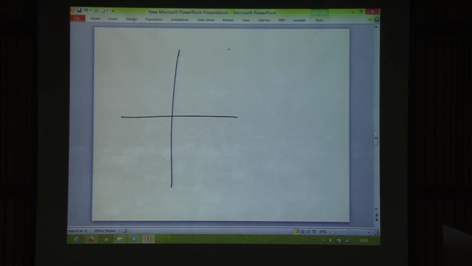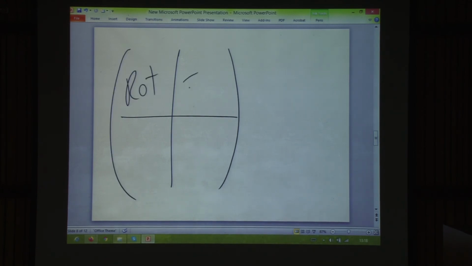This is called the rotation matrix. This is called translation. This is called scale, and this is called perspective.